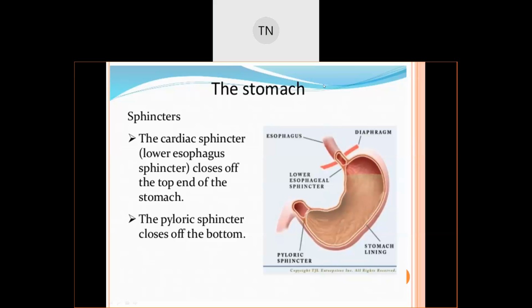Okay, see about stomach. See about stomach, Kenya. Stomach. Oh, okay.